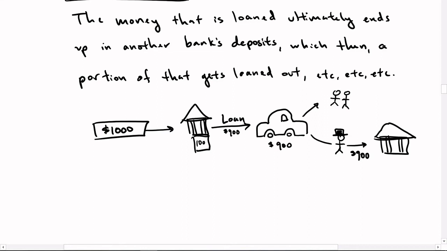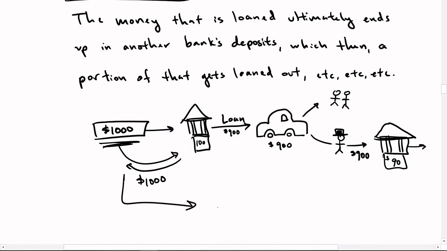And so that $900 is now in another bank, and then that bank puts $90 down in the vault and then loans out the rest of it. But ultimately, the first person who deposited this $1,000 can still go to the bank and say, hey, I want my $1,000 back, and they'll get their $1,000 back.